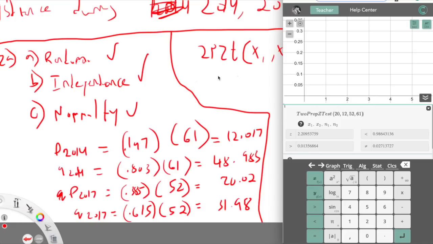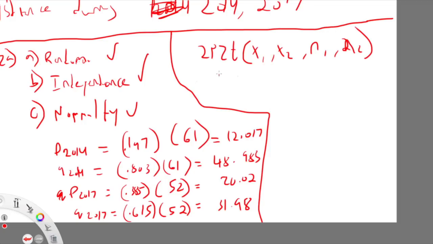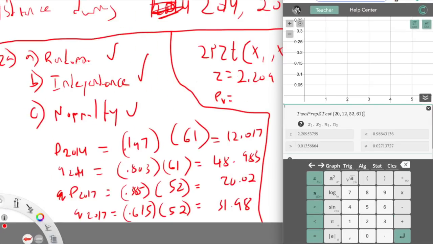So 2.209 for the z value. And our p-value was 0.0136, let's say.